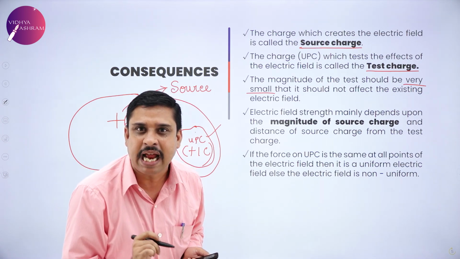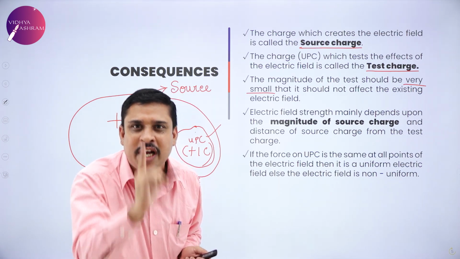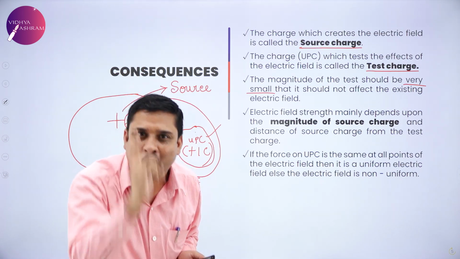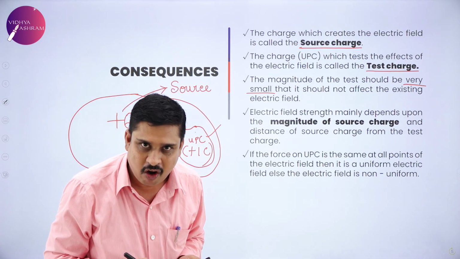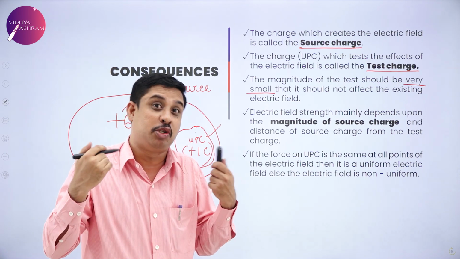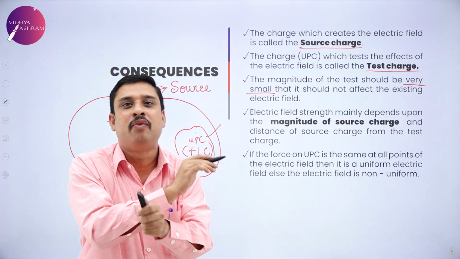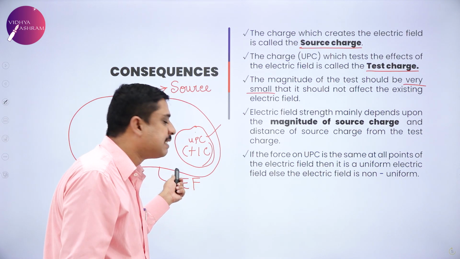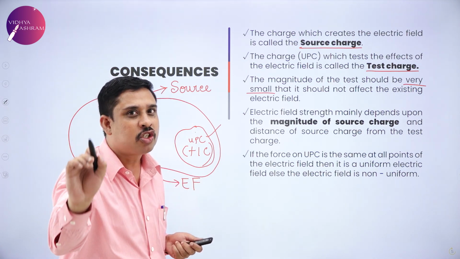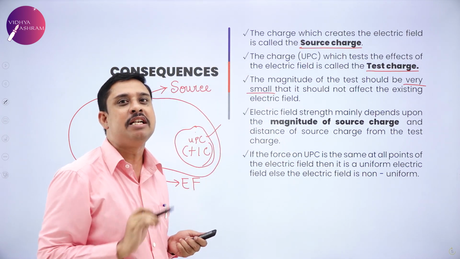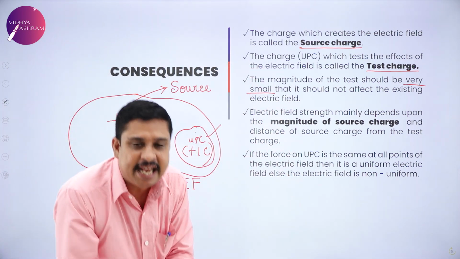So now you understand why I told you UPC is always considered as a test charge, because its magnitude is so small that it will not affect the existing electric field, and therefore always the source charge is the point charge creating the electric field.